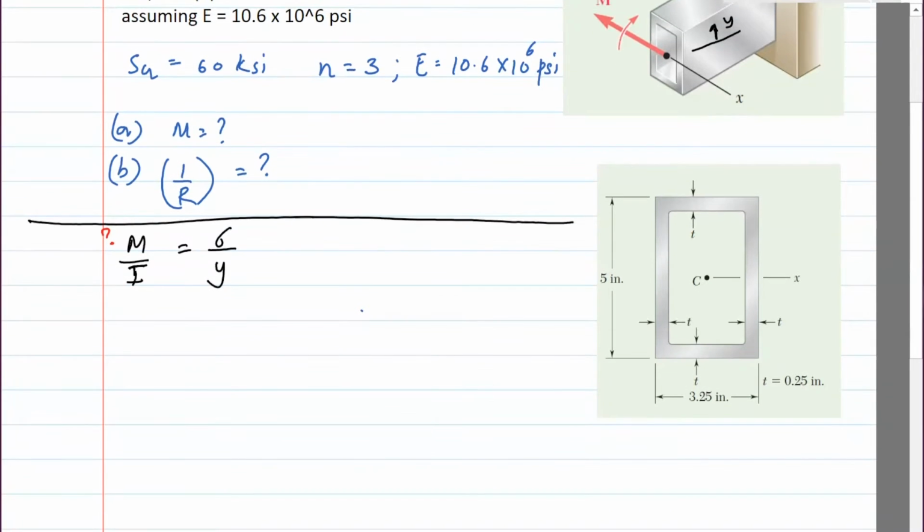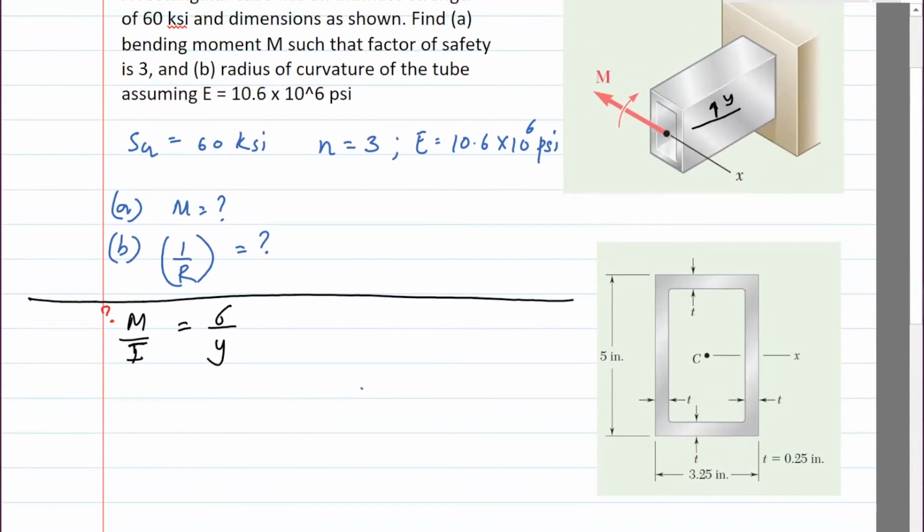So first of all, what is sigma? Sigma comes from some strength parameter. In this case, we need to use the ultimate strength and the factor of safety to find sigma. The relation is the factor of safety n equals the strength divided by the allowable stress, something we covered, I think, in chapter 1.